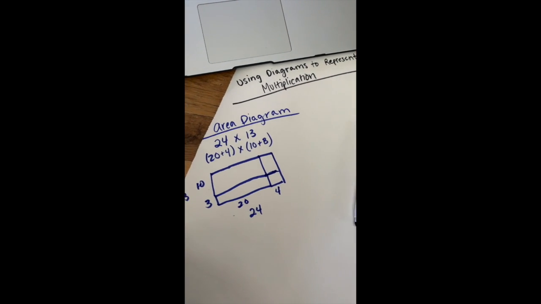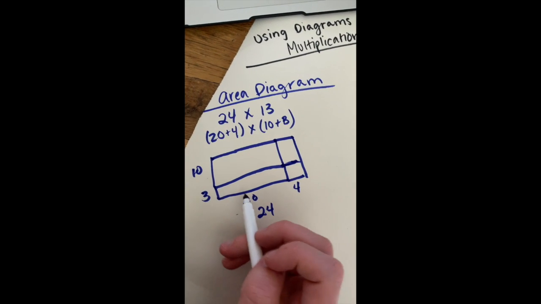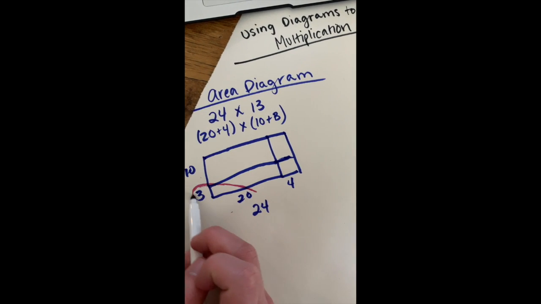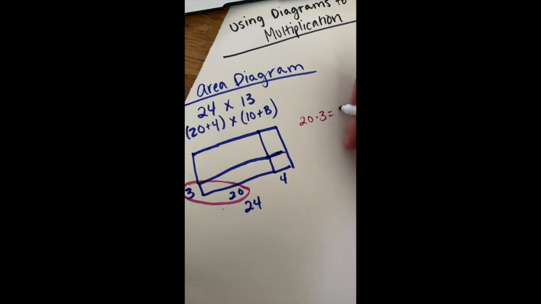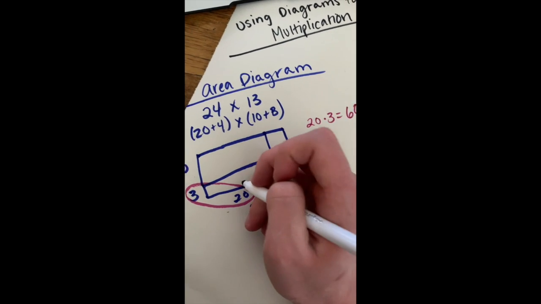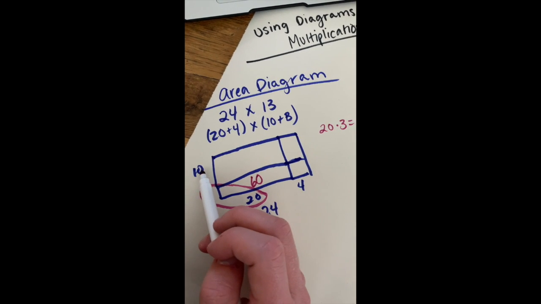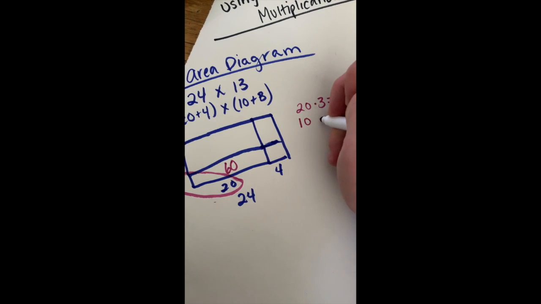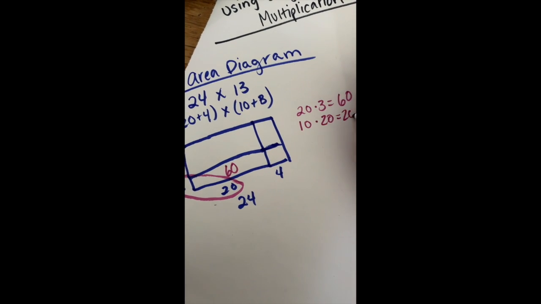What we're going to be doing next with this area diagram method is we have 20 plus 3 right here. So we're going to do 20 times 3, which is equal to 60. So this area right here would be 60. We do the same thing with 10 times 20, which is equal to 200.